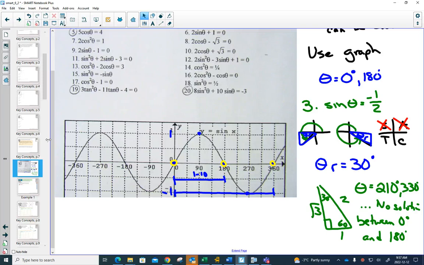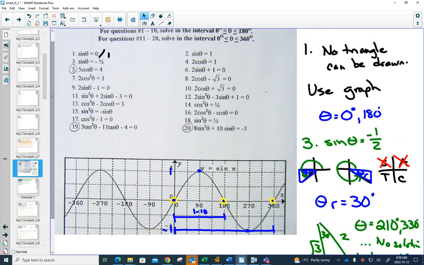We're going to do one. So this question 3 is an example where you could use your special triangles. Question 4 is a special triangle one, but first you'd have to divide both sides by 2 to get the cos theta by itself, and then see which triangle it belongs to.